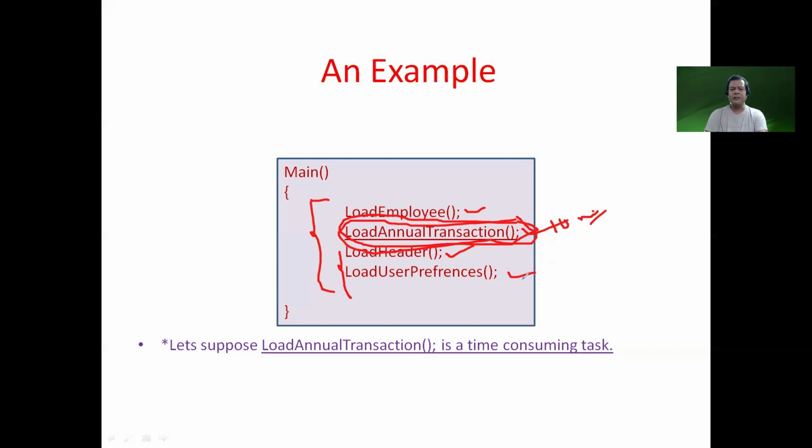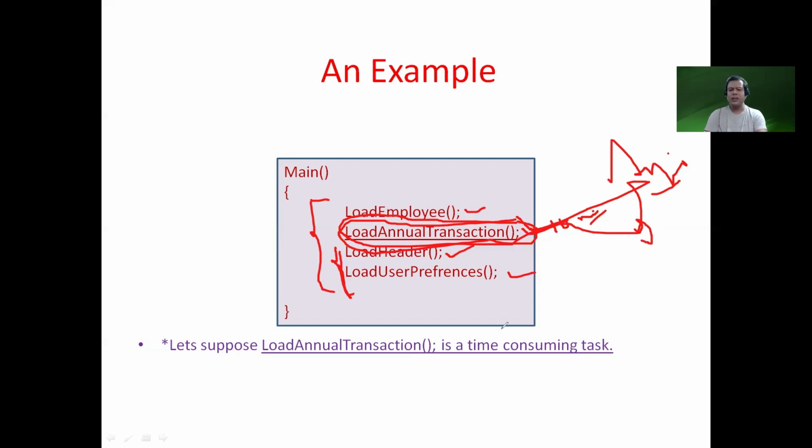We can call the load annual transaction function in asynchronous mode, and move our control forward for the load header and load user preferences functions. And when load annual transaction completes its execution, then we get the result.